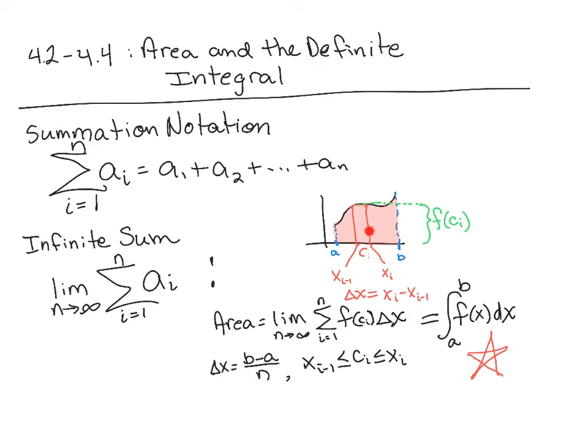That gives me the height of the rectangle, the width is the delta x, and if we multiply height times width, we get area. So the area of this rectangle is f of c sub i times delta x, and it runs from 1 to n. We're taking each of those x values in there, plugging it into the function to get the height of the rectangle, times the width of every rectangle.